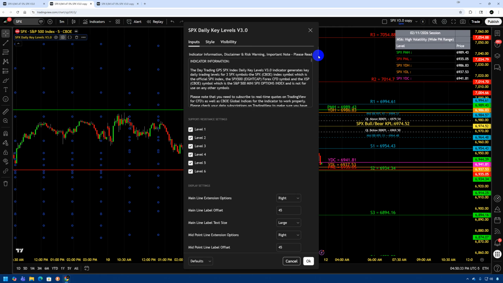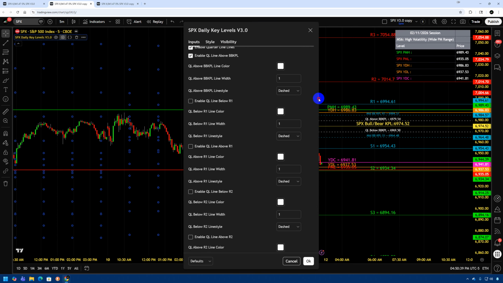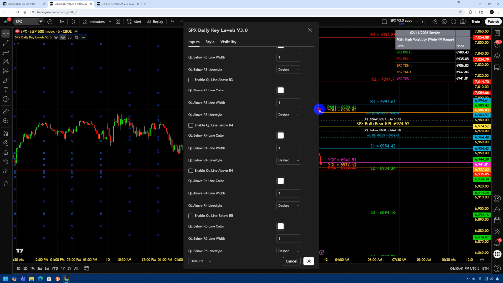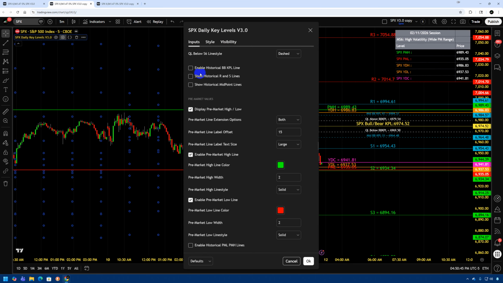Now, the additional historical levels that we've added are going to be historical midpoint levels. So in V2.0, we had historical BBKPL and historical RNS lines.